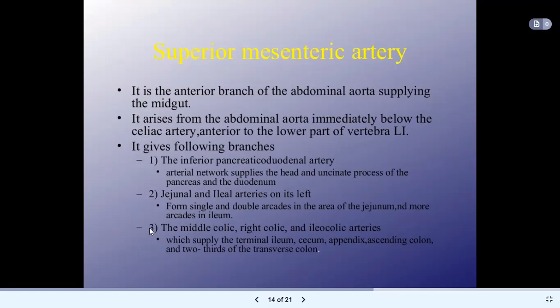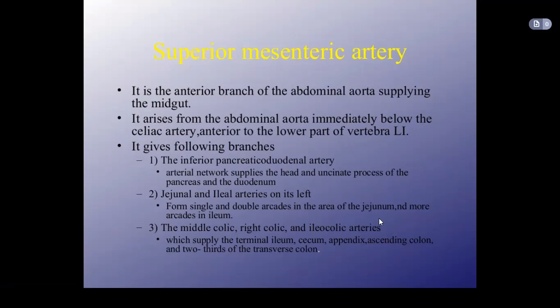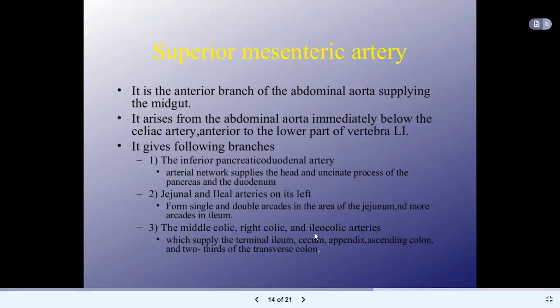Then the third branches of the superior mesenteric artery are the middle colic, right colic, and ileocolic arteries. These are supplying the large intestine: some supply the ascending colon and transverse colon, and some the connection between the ileum and the ascending colon.